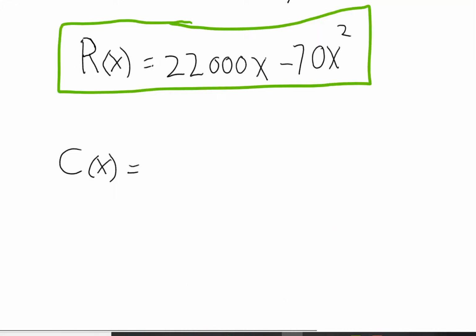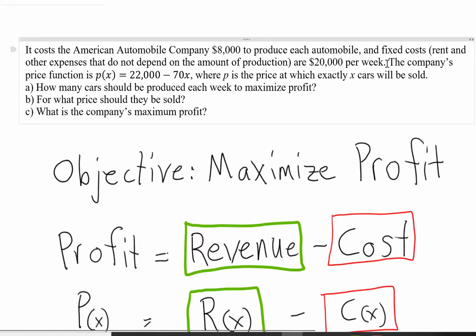Let's just start there. So it costs $8,000 to produce each automobile. Again, what represents the number of automobiles, or the quantity? That's x.